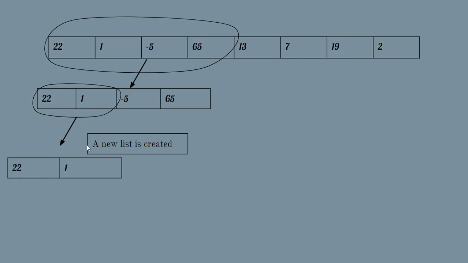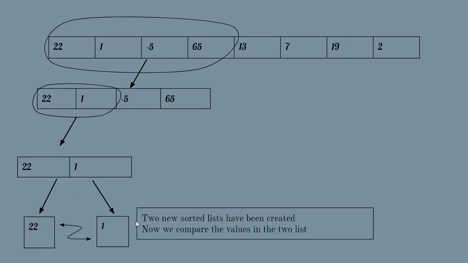Now we have created another list, as you can see, of 22 and 1. It still has to be divided, as it can be divided, so it will be divided into two more lists. And as you can see, two more lists have been created.